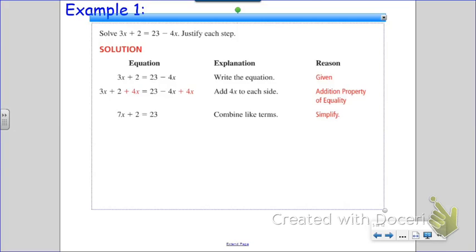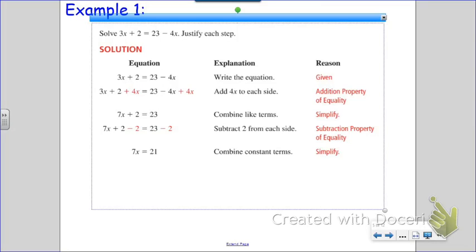Combine like terms, which is simplifying. Subtract 2 from each side, which is subtraction property. Combine the constant terms, simplify it. Divide by 7 on each side, so division. Our solution is x equals 3.